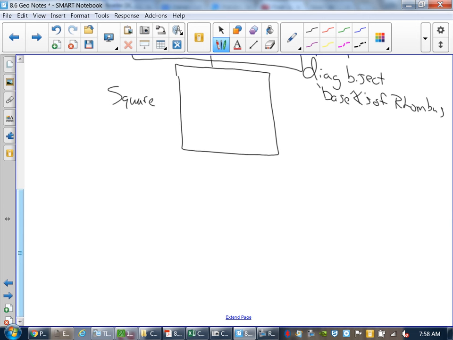Four sides equal, four right angles, diagonals that are congruent, perpendicular, 45-45s, and so on and so on. So the square becomes the most specific of those parallelograms.